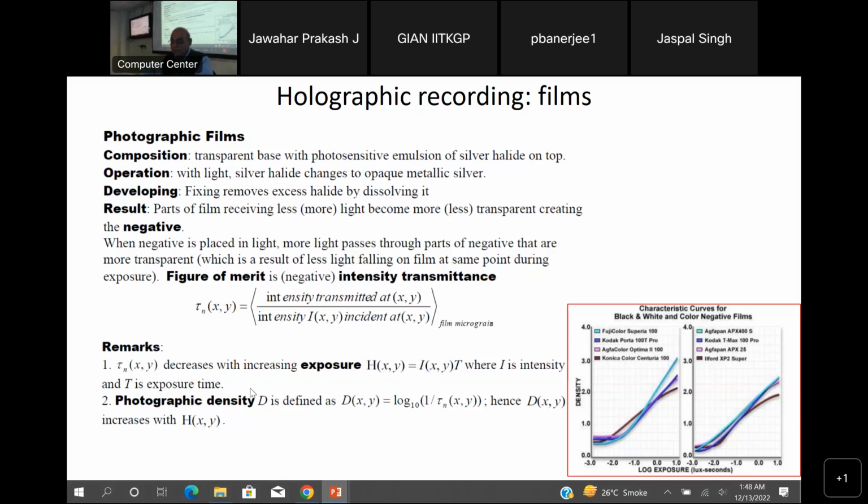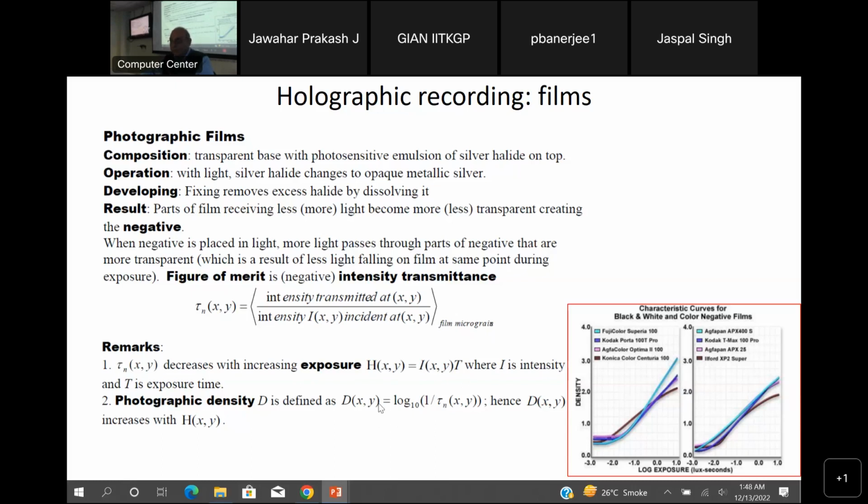And then there is another variable in this so-called figure of merit definition called the photographic density. Photographic density is inversely proportional to this transmittance. So as the transmittance decreases, photographic density increases. That's the bottom line. And it's typically expressed on a logarithmic scale. So that's a very quick summary of the whole thing.